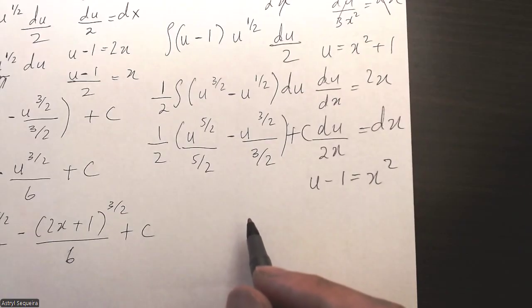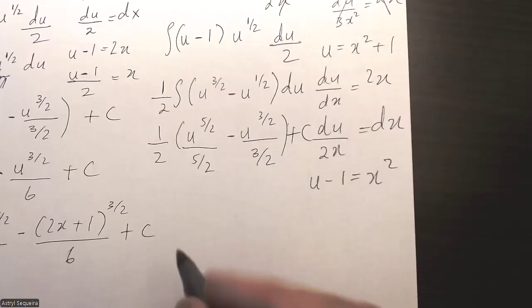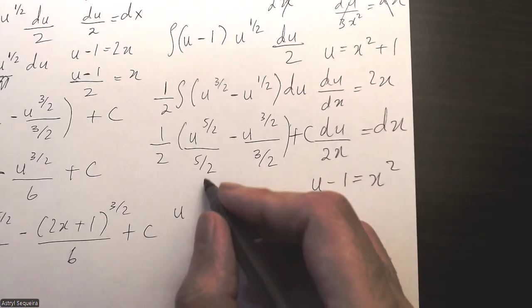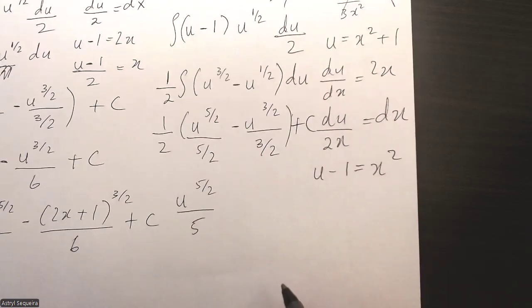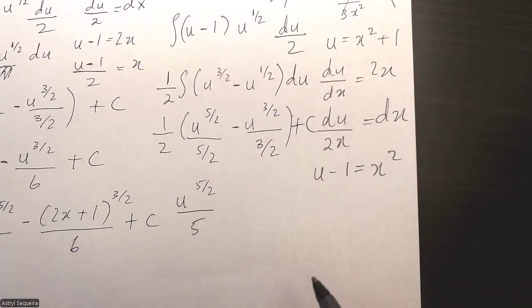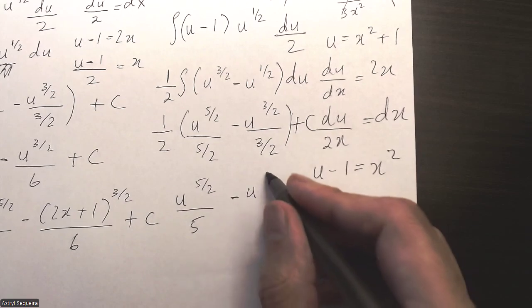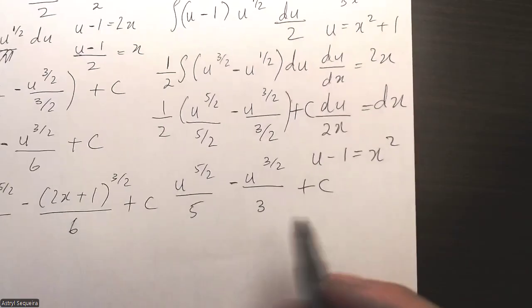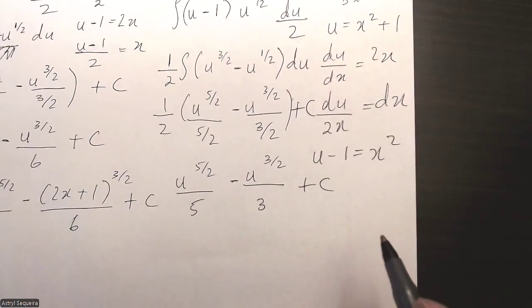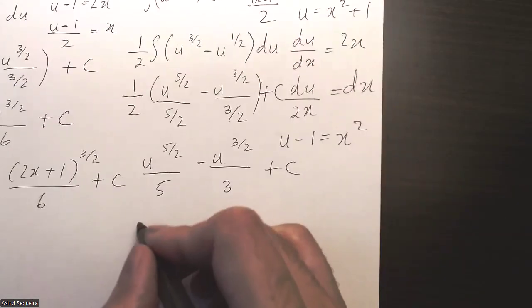So I will have u to the 2 times 5 over 2 is just 5. It's just 3. Then last step, replacing my u's back with x squared plus 1.